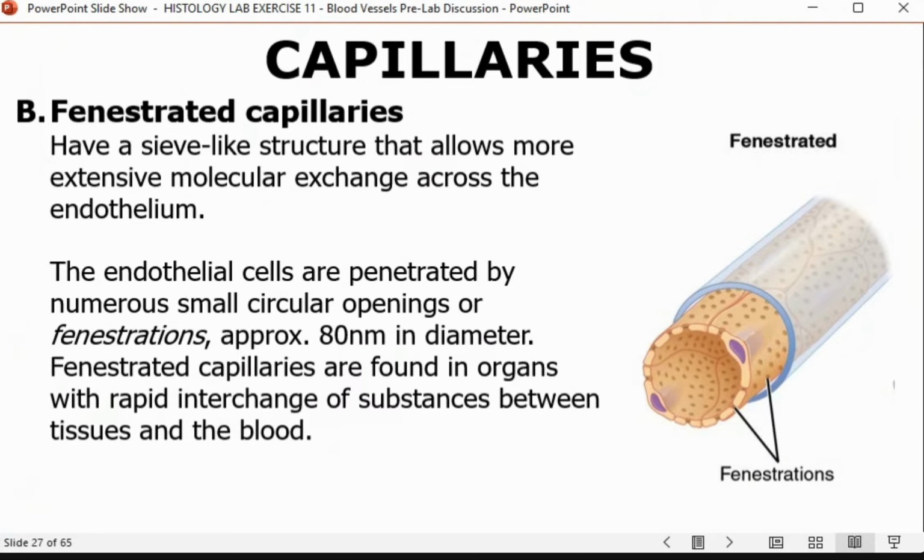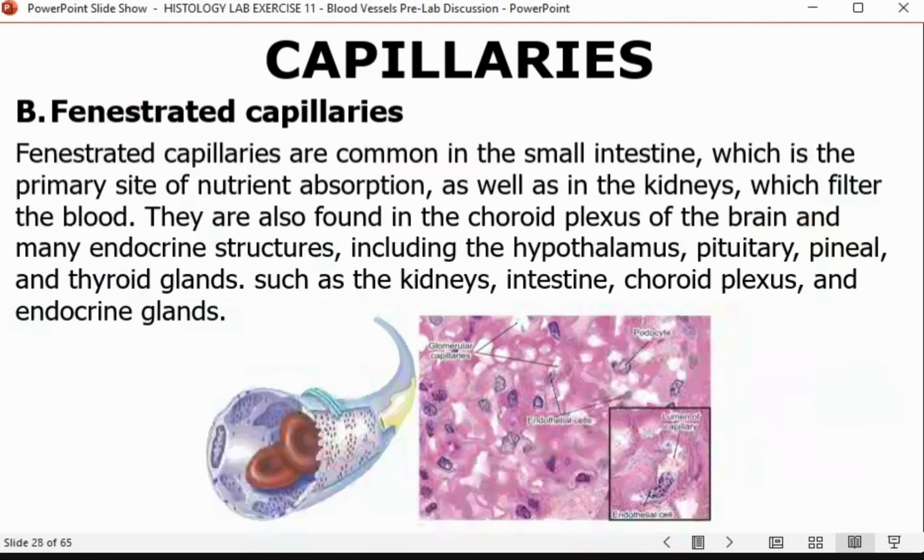The second type of capillaries is your fenestrated capillaries, and they have a sieve-like structure that allows more extensive molecular exchange across the endothelium. What is a sieve? Just look up your sieve. It's a strainer, but it's like a fine mesh. So it has many tiny holes dotting around the tunica intima.